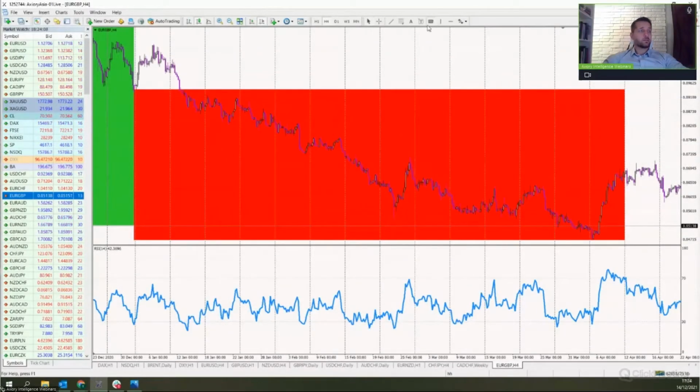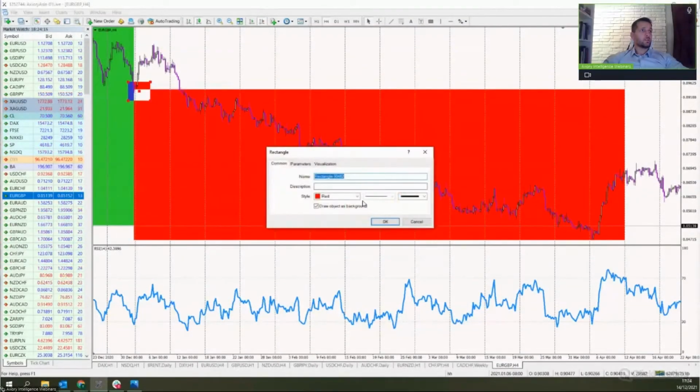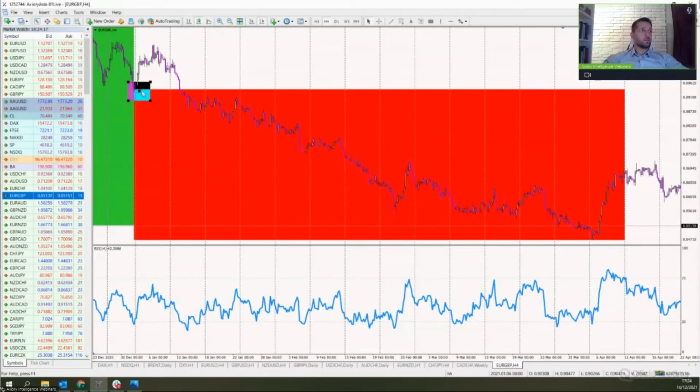I will show you places where we should buy, where we were buying. So here, let's change the color into a black one, for example. And we bought here, and we bought here again, and we bought here, and we bought here, and we bought here, and we bought here, and we close our position here.